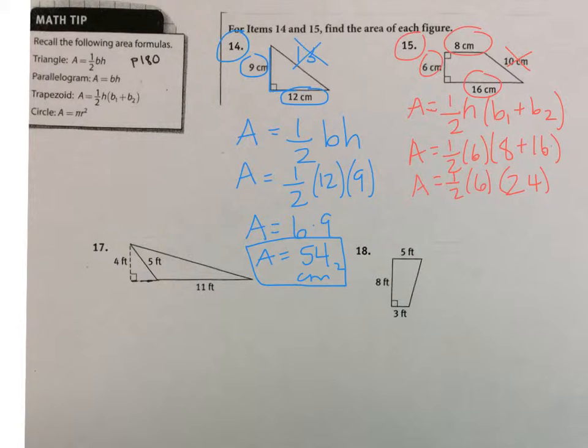Half of 6 is 3, and 3 times 24 is going to be the same thing as if you did 6 times 24 first and then half of that, which you would get 72. Whoops, I forgot my label. 72 centimeters squared.